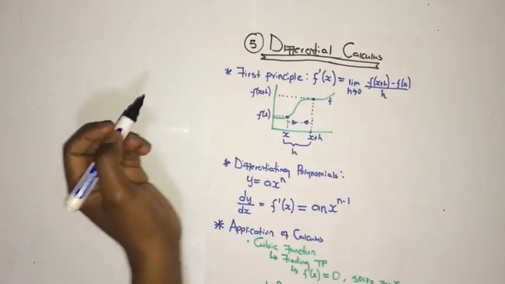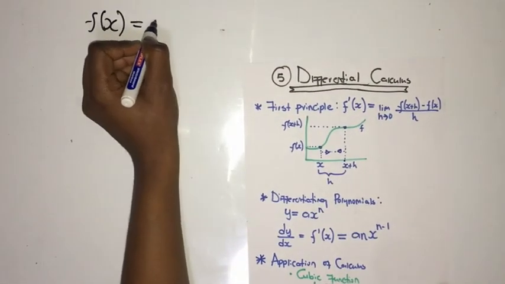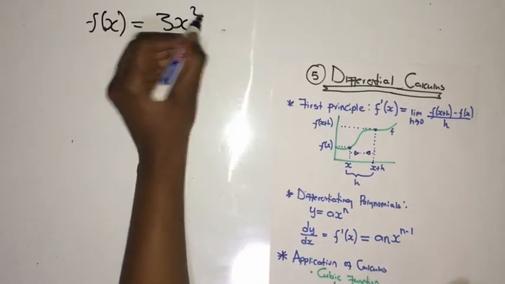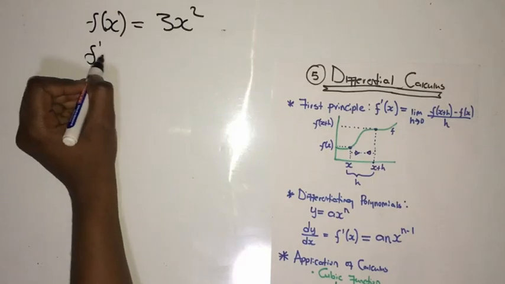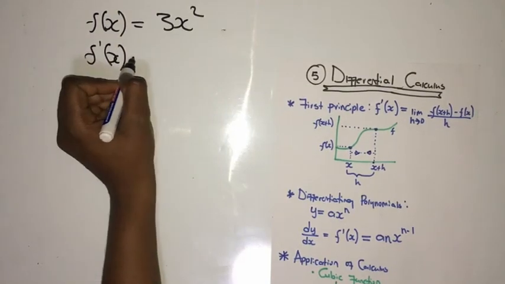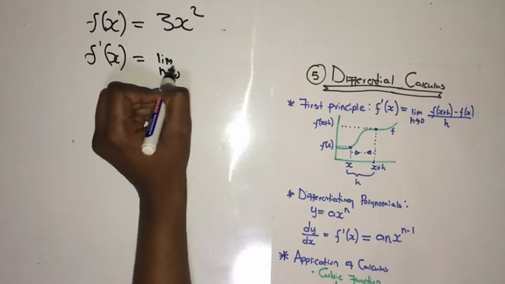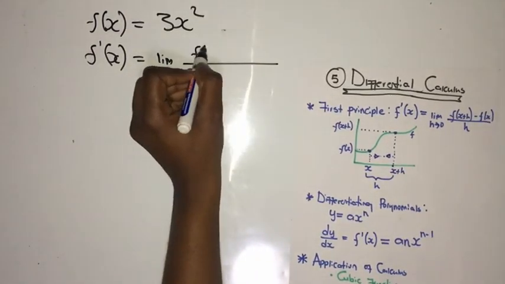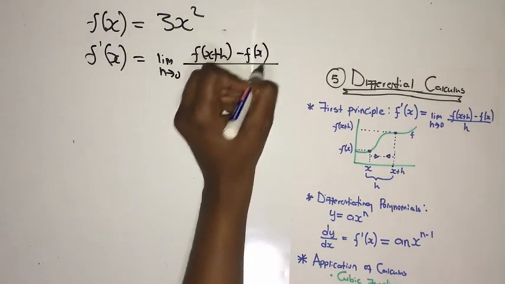Okay, so maybe they ask you, given f of x is, let's just say, 3x squared, a simple one, you need to find the derivative of f, which we know by definition is the limit when h tends to 0 of f of x plus h minus f of x, all over h.